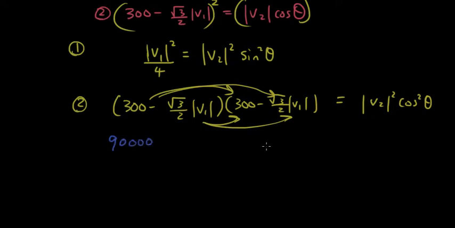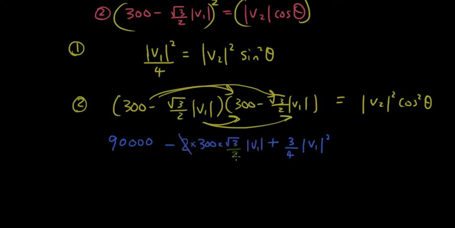90,000, plus square root of 3 over 2 times square root of 3 over 2 will be 3 over 4 v1 squared, and then in the middle it's going to be minus 2 times 300 times square root of 3 over 2 v1.